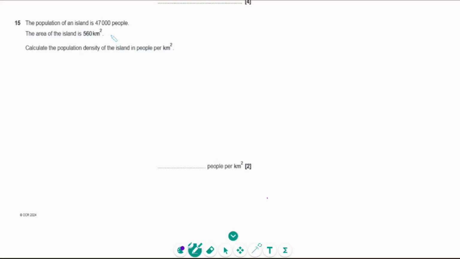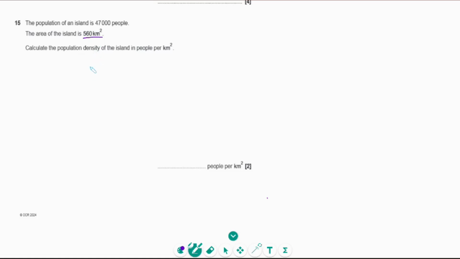Population of an island is 47,000 people. The area of the island is 560 kilometres squared. Calculate the population density of the island in people per kilometre squared. So I'm just sharing these people between this landmass of 560 kilometres squared, so I want per one.